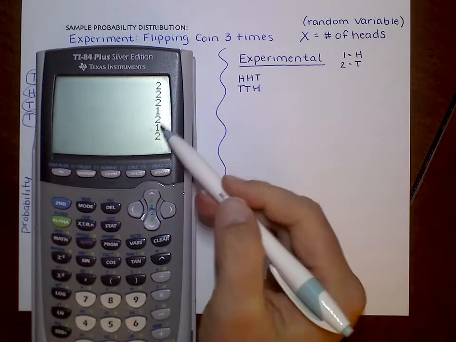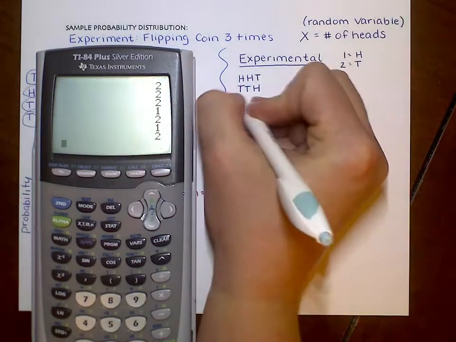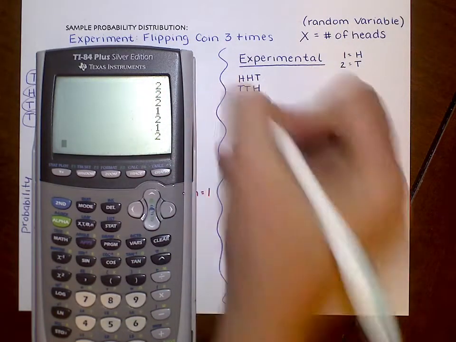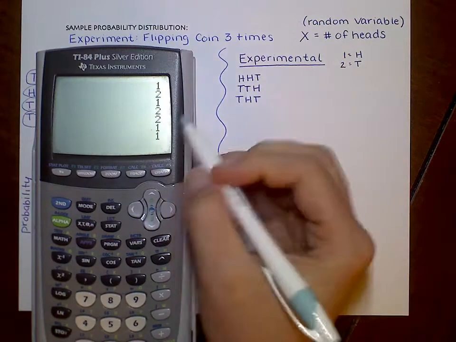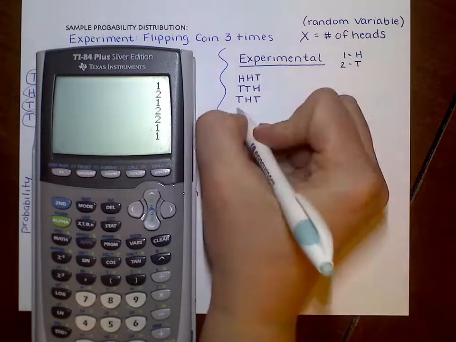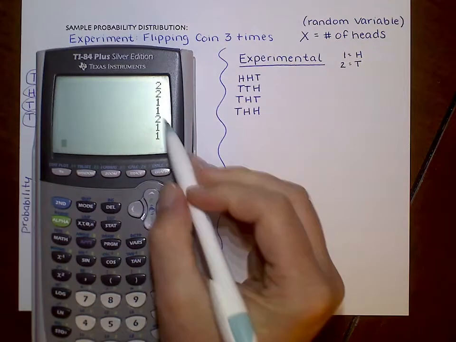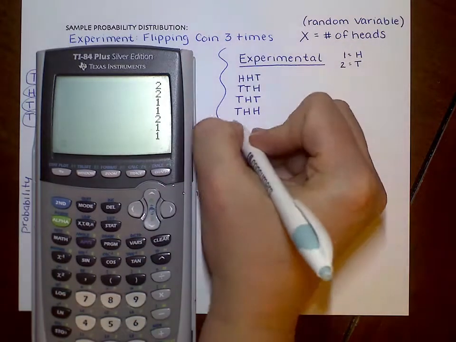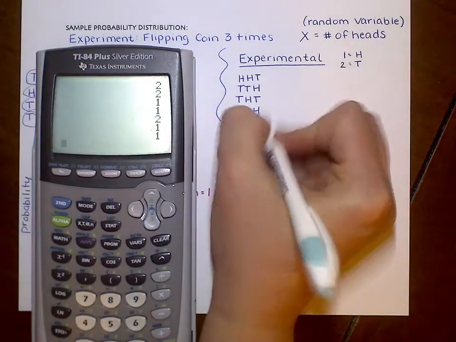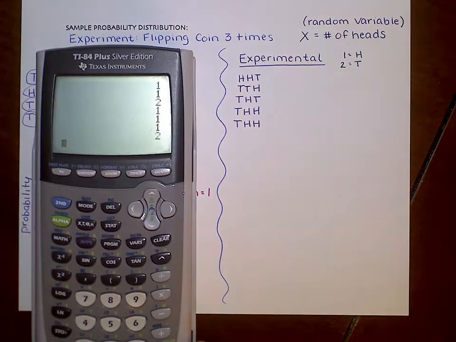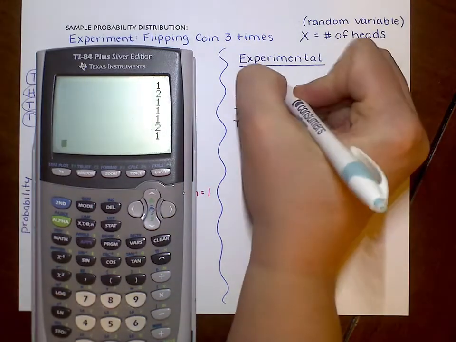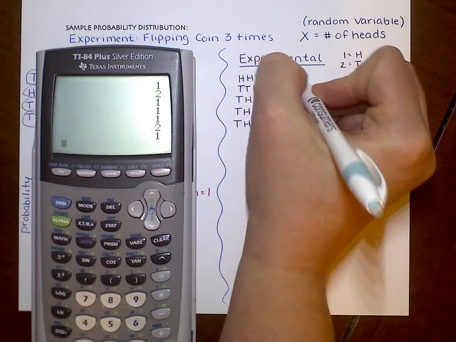That is tails, heads, tails. 1, 2, 3. Tails, heads, heads. 1, 2, 3. Again, tails, heads, heads. That's 5 of them. 1, 2, 3. That would be heads, tails, heads.